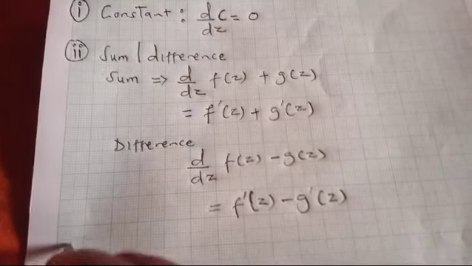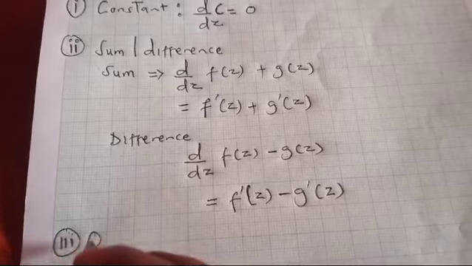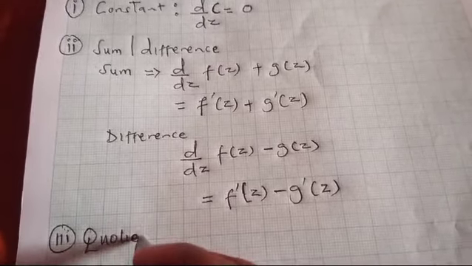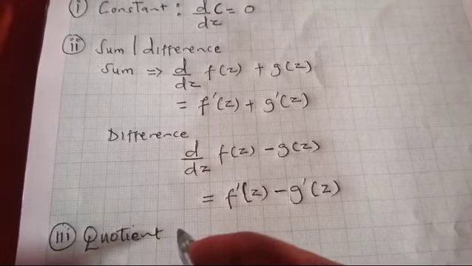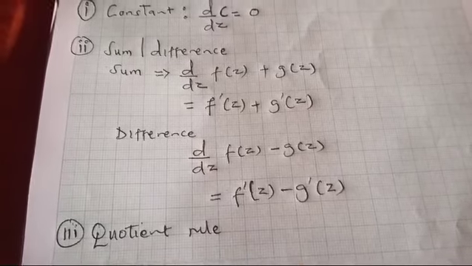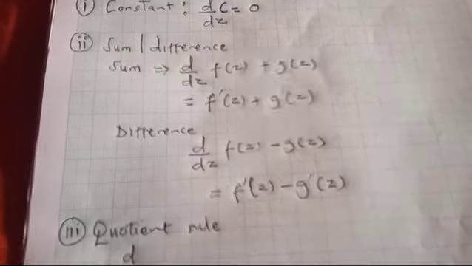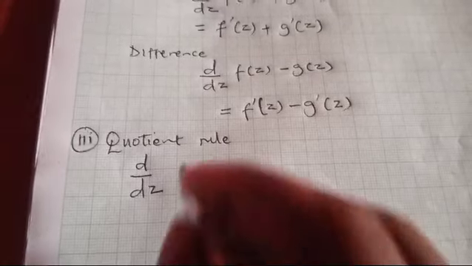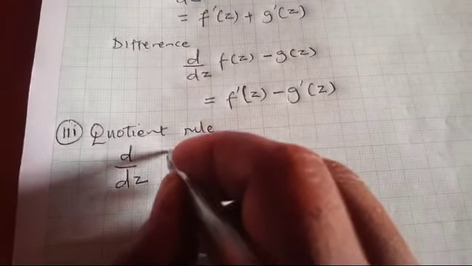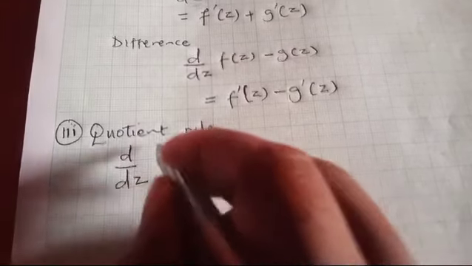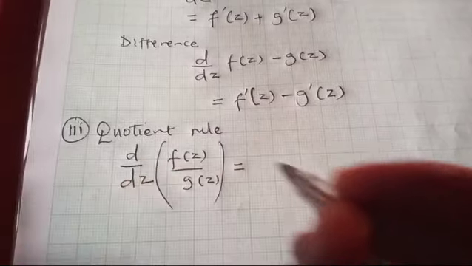Now, the third one is the quotient rule. When we want to find the derivative of f of z divided by g of z, this one will give us what?